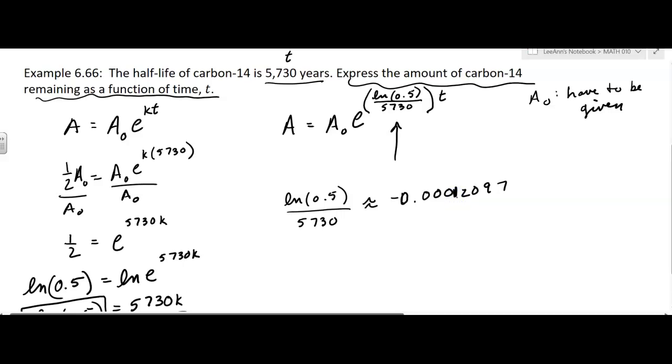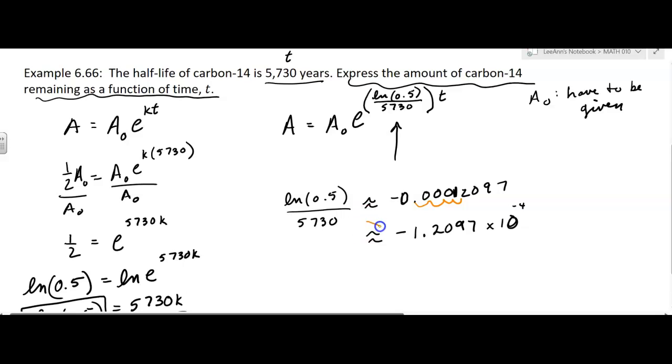So you could write that in scientific notation, and it would be negative 1.2097, accurate to 4 decimal places, times 10 to the negative 4. Okay, so that's how the scientific notation's working. You're going 4 places, 1, 2, 3, 4 to the left, and so that's why you get the negative 4.